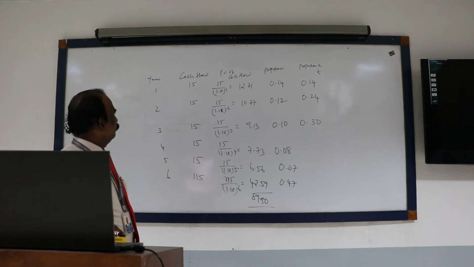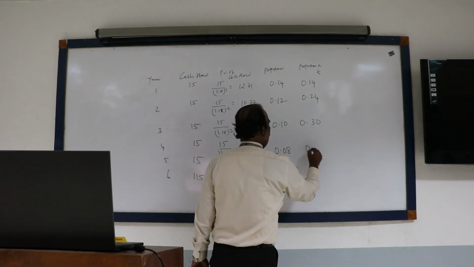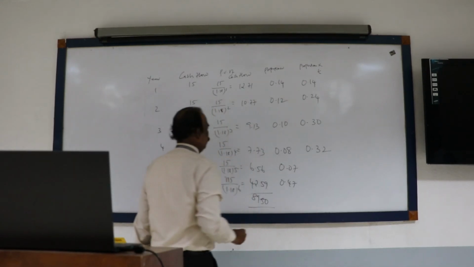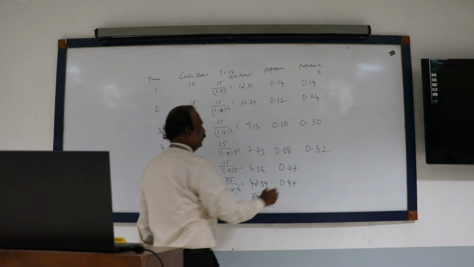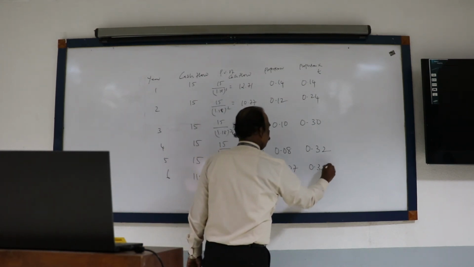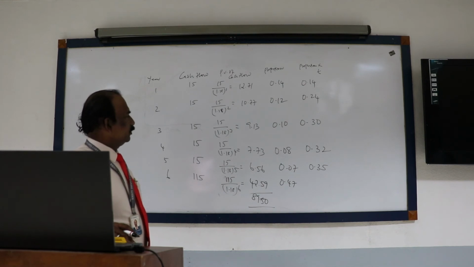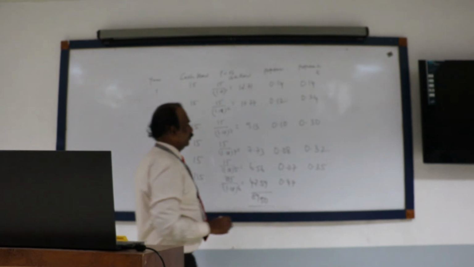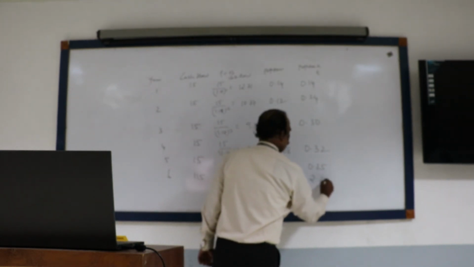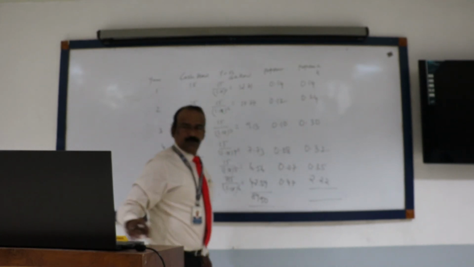Then 0.32. Then 3.35. Correct? 0.47 into 6. How much? 2.82.